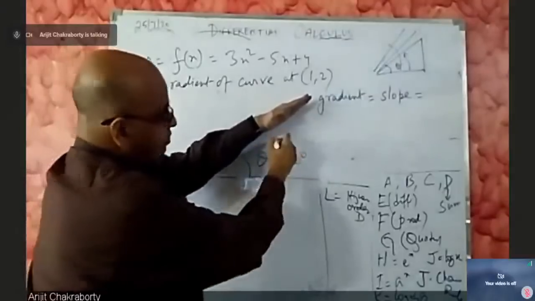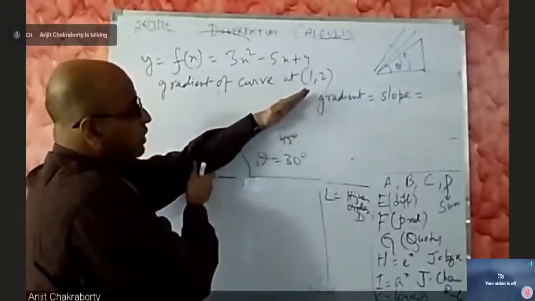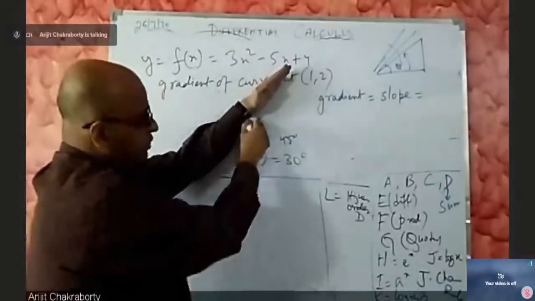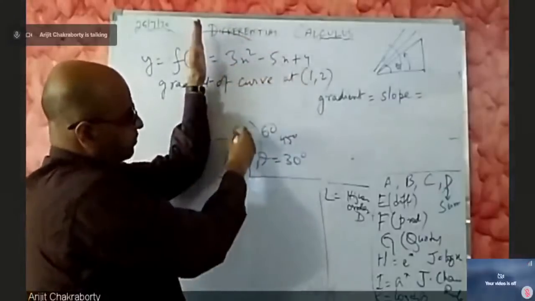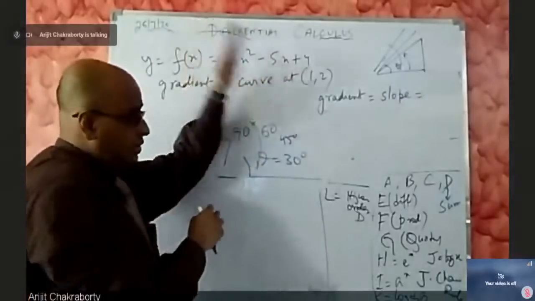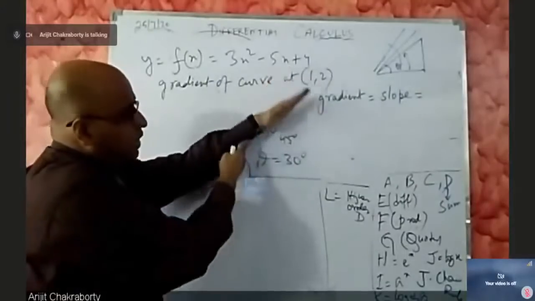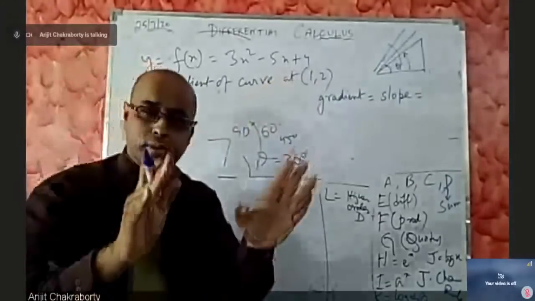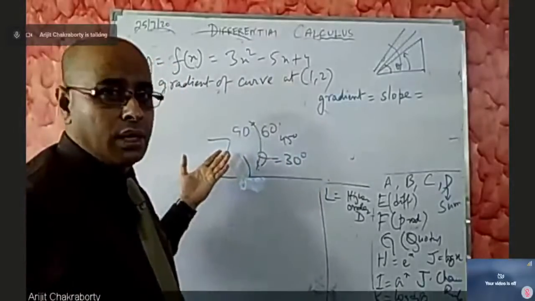Now from 30 it becomes 45 degree, increasing further to 60 degree, increasing further to 90 degree. So this is the slope. Slope is changing at every point. As theta moves, it becomes more steep. The slope increases actually.